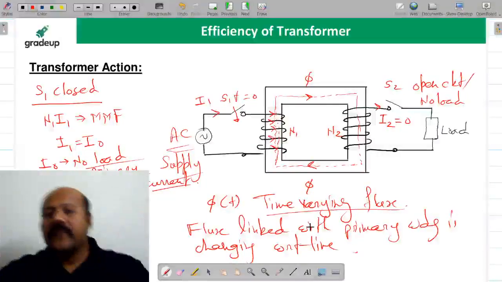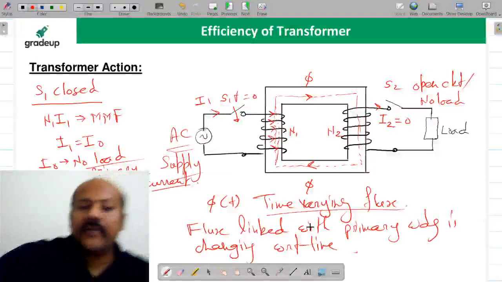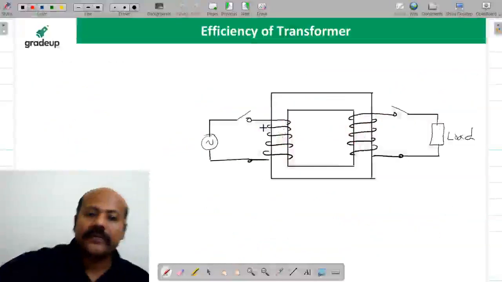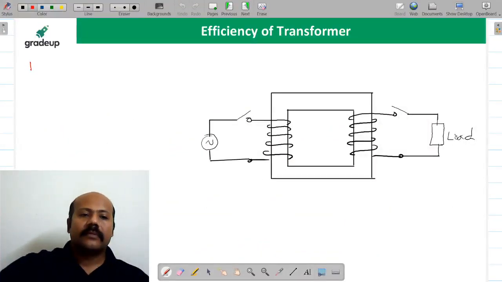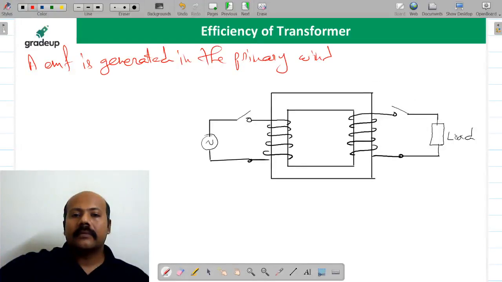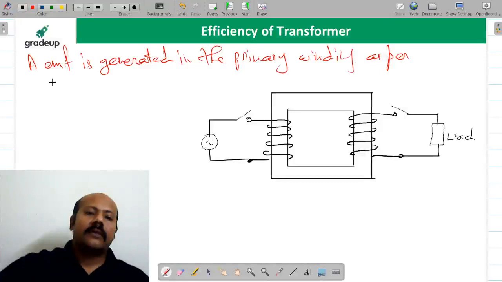Then because of Faraday's law, some EMF is going to be generated in the primary winding as per Faraday's law.